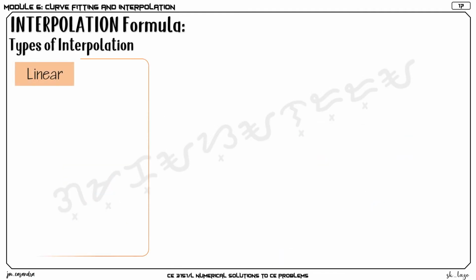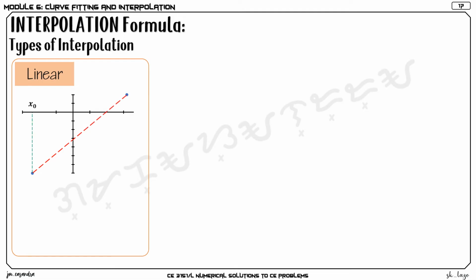The types of interpolation, the first one is the linear interpolation, which is applied for lines in which we have x sub o and x sub n as our boundaries, and point x sub e will be determined and would lie within the line connecting the 2 points.